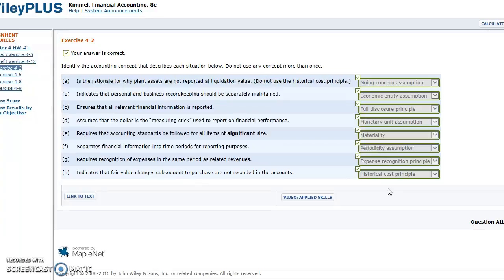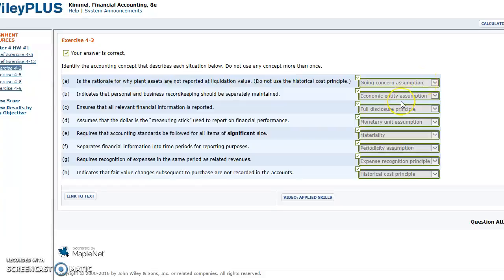As a reminder, at the beginning of this course, I think in chapter 2, we learned about these accounting concepts.